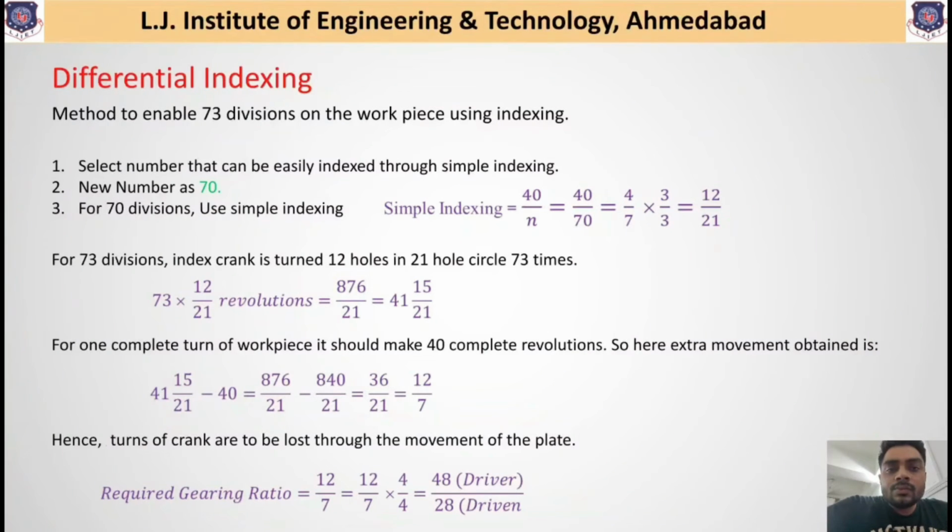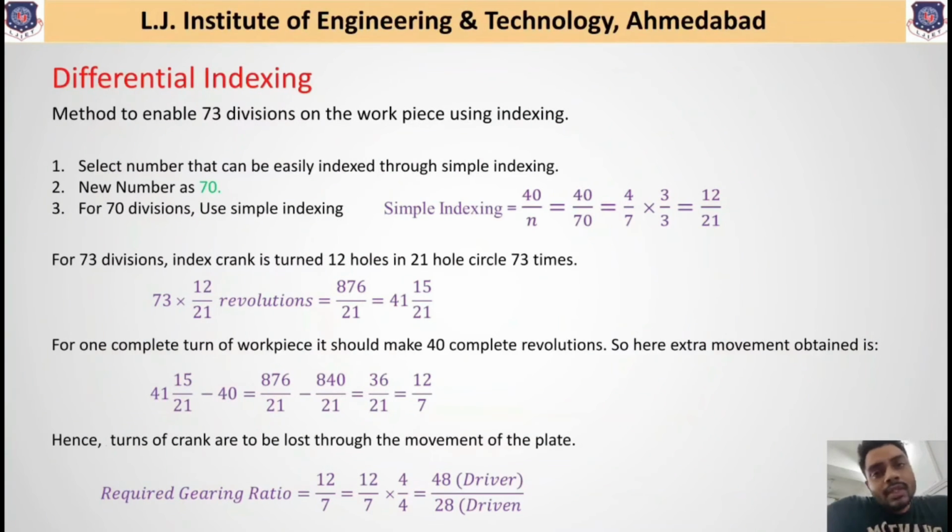And as we know, this gearing ratio 12 divided by 7 means a driver gear that has 12 teeth and a driven gear that has 7 teeth. But gears with 12 teeth and 7 teeth are not available in the dividing head. For that we need to convert that particular gear ratio into the available standard gear sets.